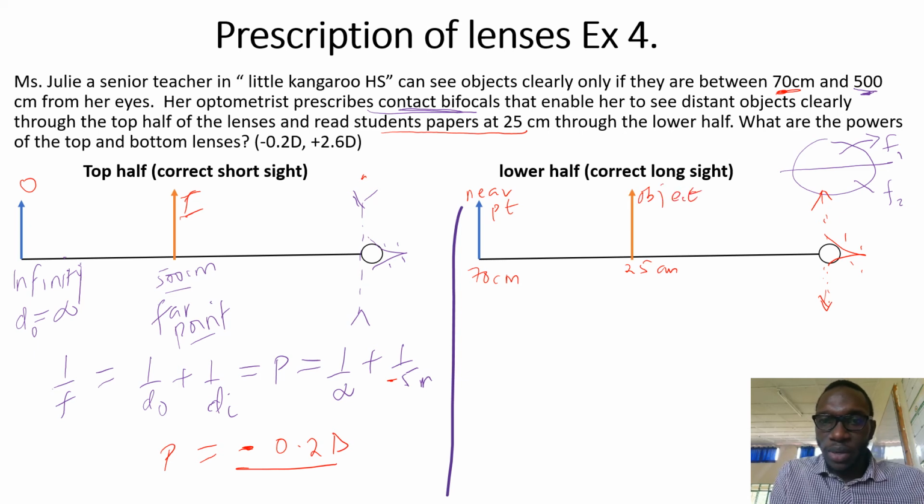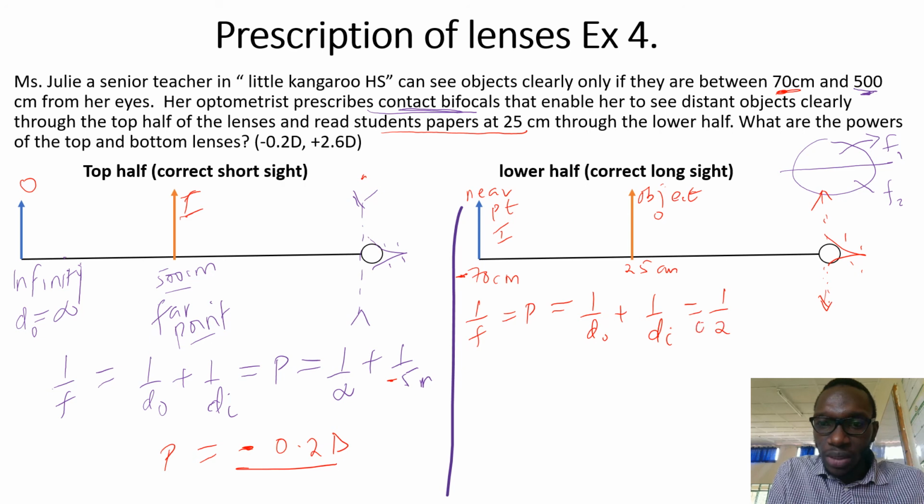When the object is placed at 25 centimeters, the image has to be formed at the near point. If we place the lens in contact with the eye, the object and the image are going to be on the same side of the lens. Therefore, this image is going to be virtual. If we use 1 over f, which is power, equal to 1 over d o plus 1 over d i, this is going to give us 1 over the object distance, 25 centimeters.